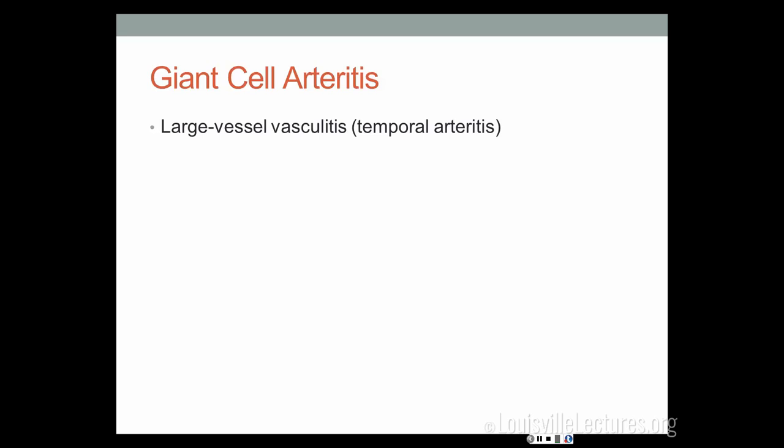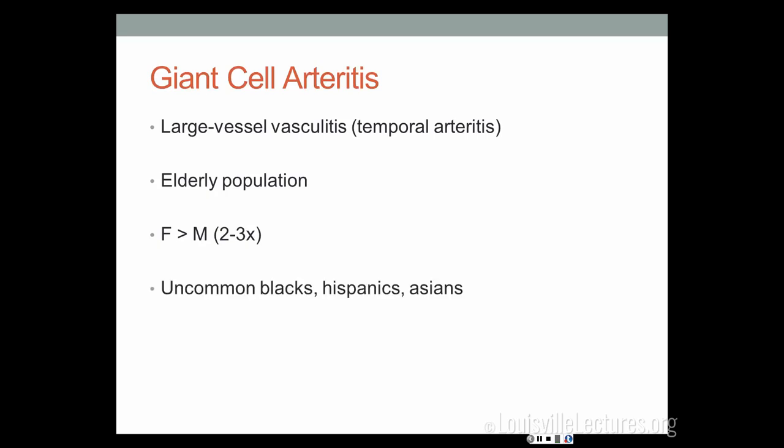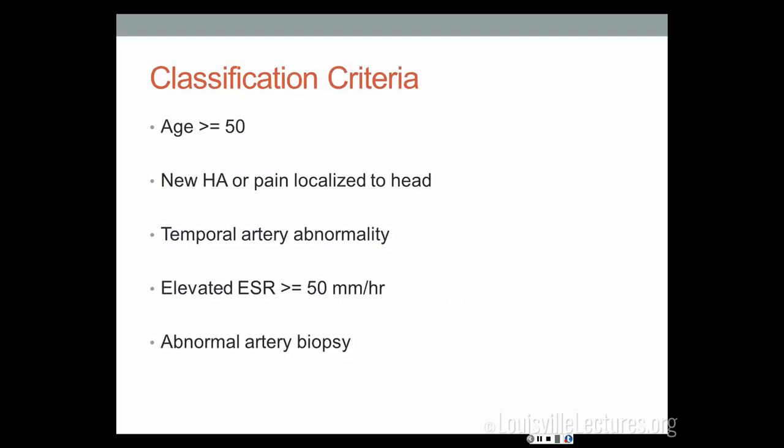So we like to call it giant cell arteritis. Elderly population. Female predominance, but not overly predominant like some of our diseases. And it seems to be a lot more common in northern Scandinavian genetics. So upper Midwest, whites, it's more common. So it's uncommon in blacks, Hispanics, and Asians.